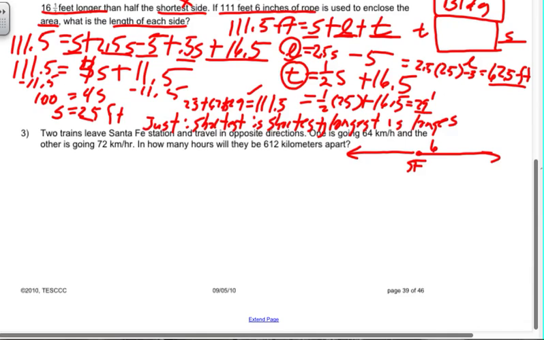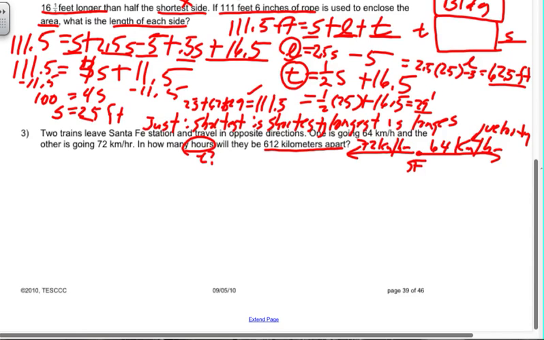It doesn't matter which one. And the other one is going 72 kilometers per hour. Now you should recognize this as velocity, kilometers per hour. We want to know how many hours, so we're looking for time as our unknown. Are they going to be a distance apart?